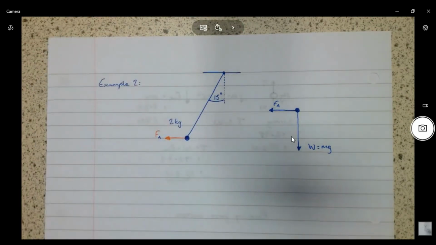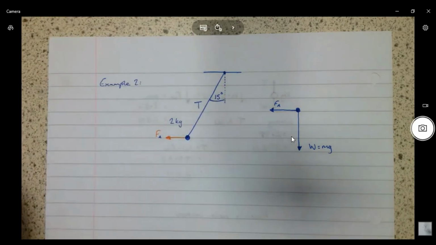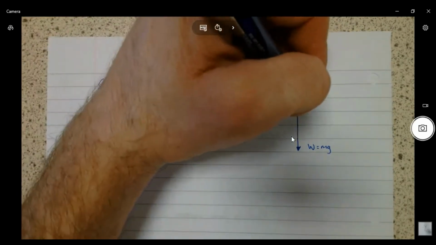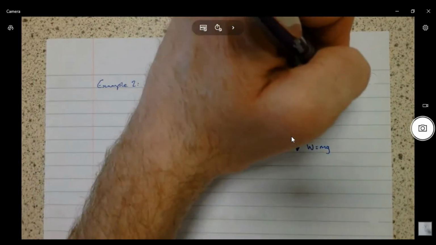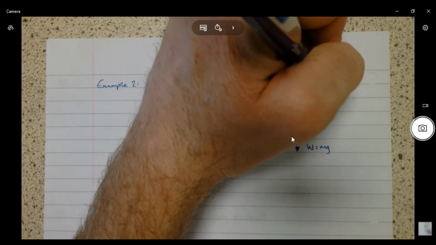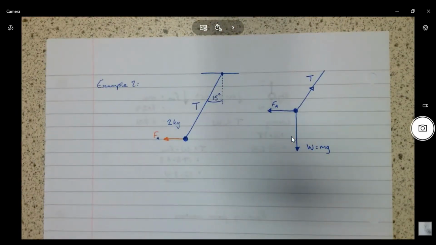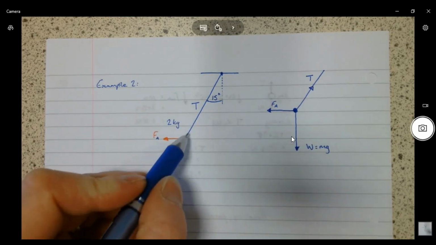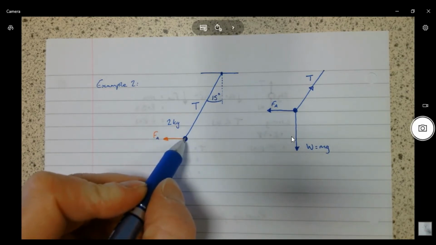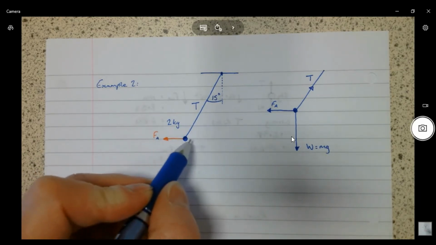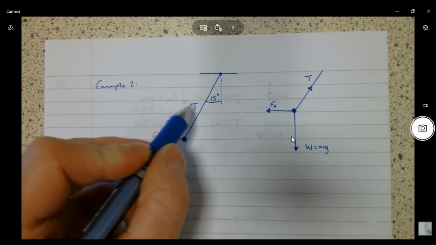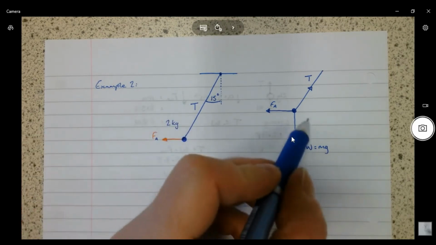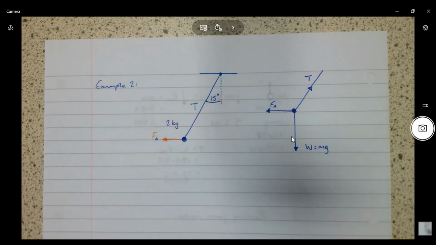And then also we're going to have tension. Now tension is going to be doing that. Okay, so we have 3 forces, because in order to make the pendulum move out here, we've got to overcome the weight, but in doing so, because it's attached to the ceiling, we're going to impart a tension onto the string as well. So our free body diagram is going to look something like this.